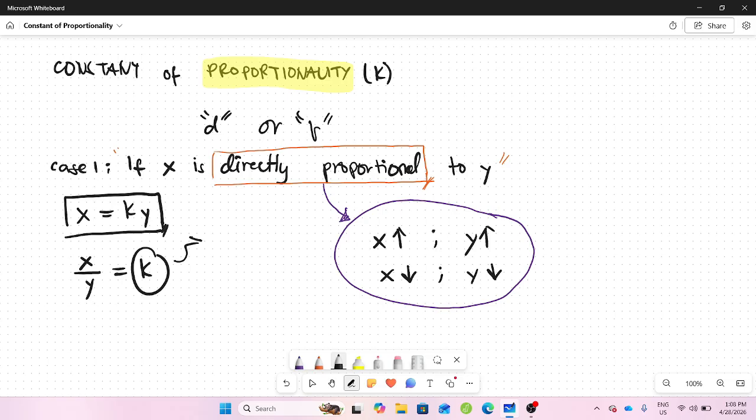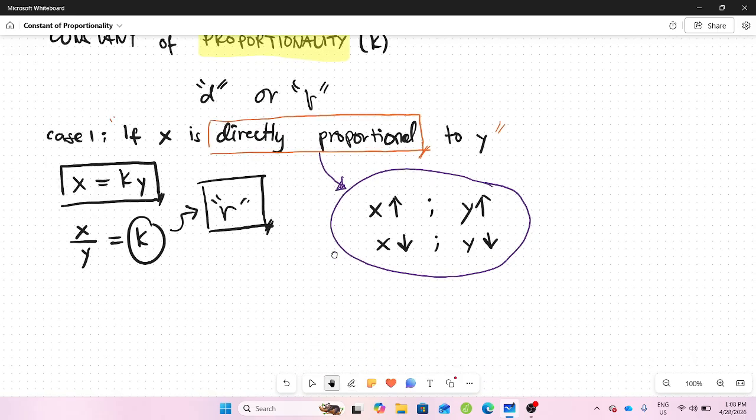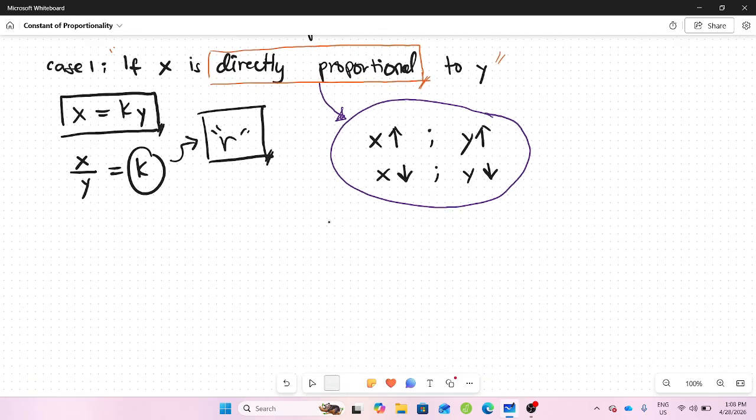This is similar to the concept of the common ratio r. This is how we write or create an equation if two variables are directly proportional to one another, and this is how we get the constant of proportionality of the said equation.